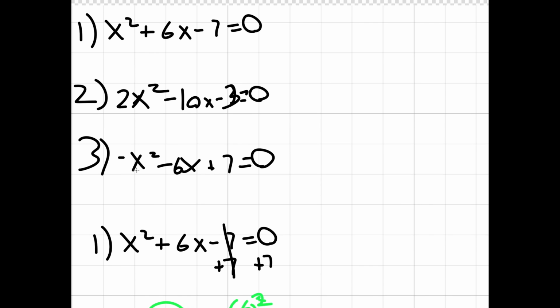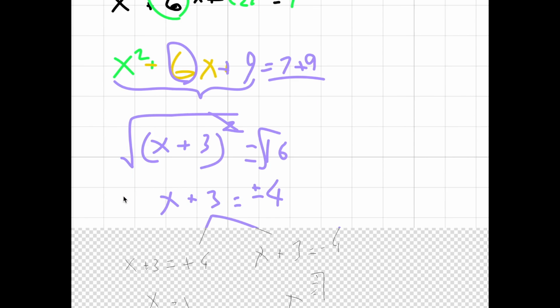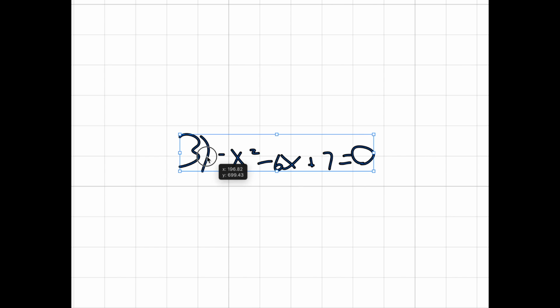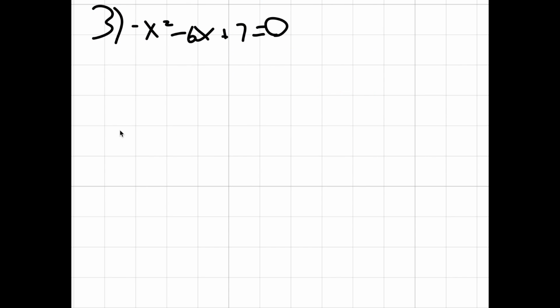Okay, now let's do the third problem, which is here. Okay, scroll down. That's the old problem. Okay, here is our problem. Now, this time we have a negative, so how do we deal with that?